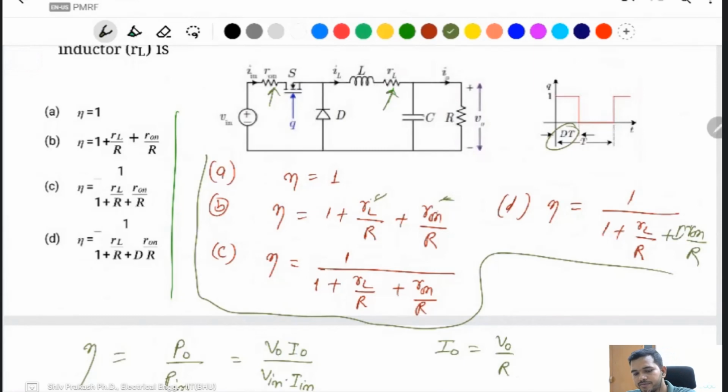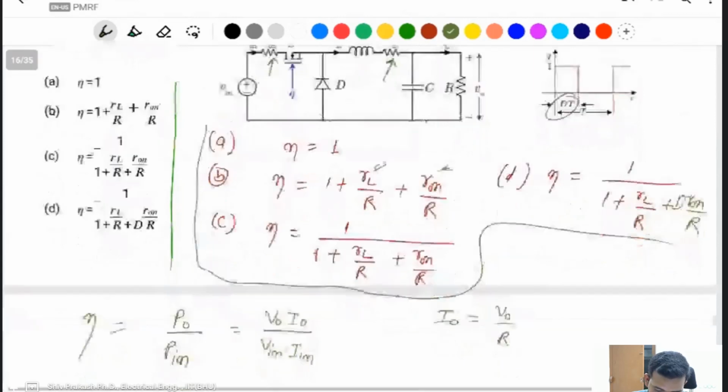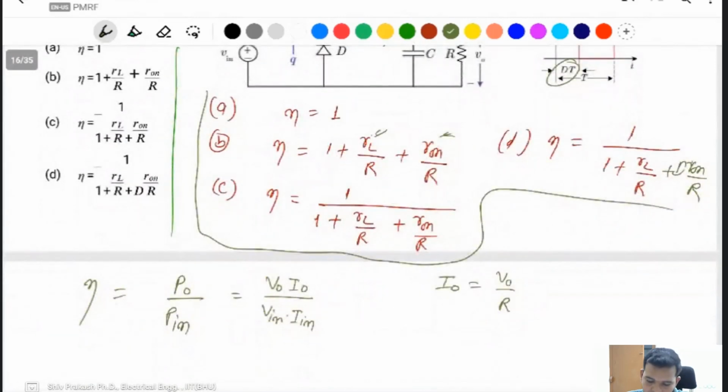You know about that. First of all, find the value.